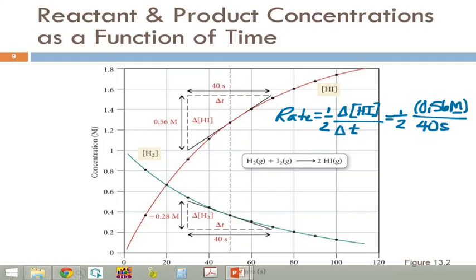0.56 divided by 40 divided by 2. Now 0.007. I encourage you to have your calculators out and do the calculations along with me because I make mistakes sometimes. I like to pretend that I'm testing you, but really I just make mistakes.